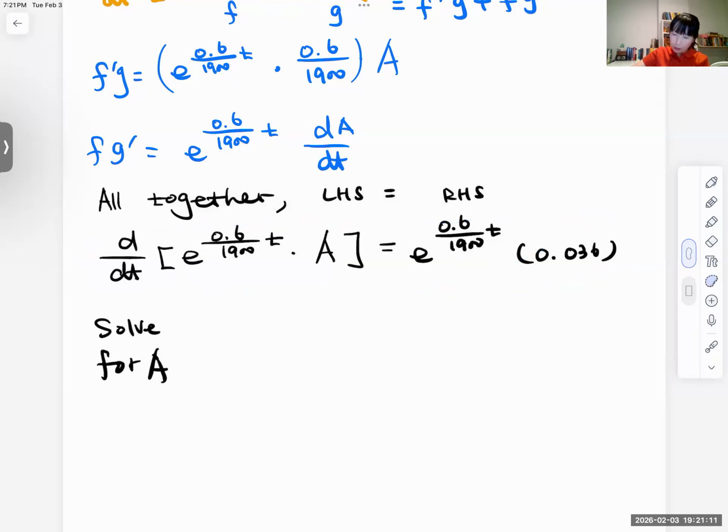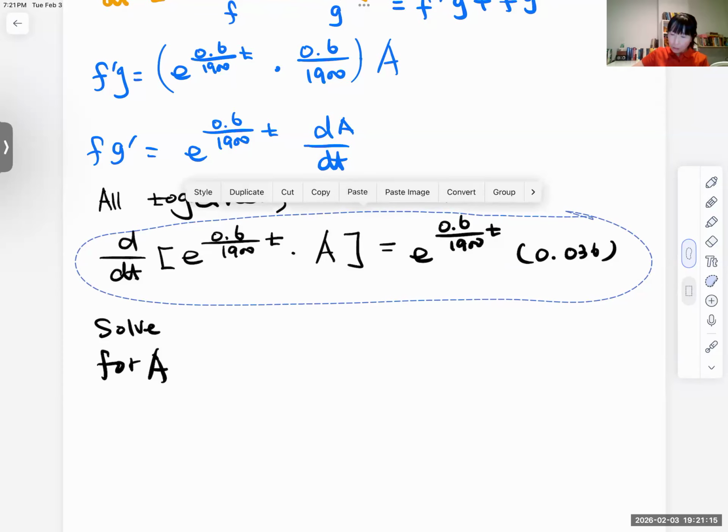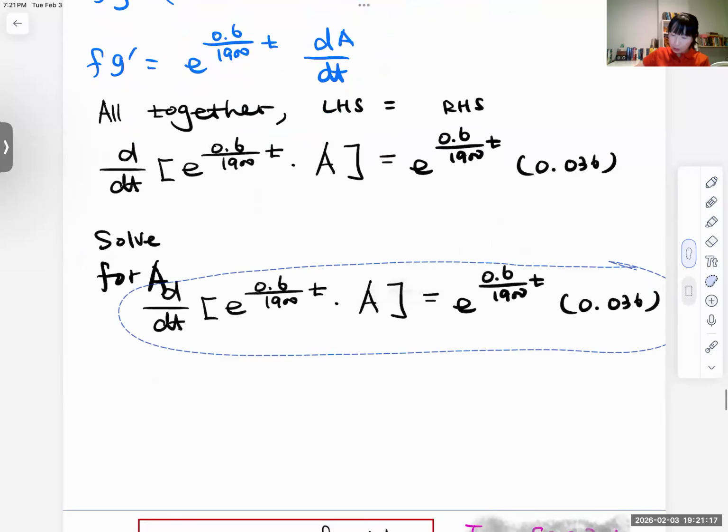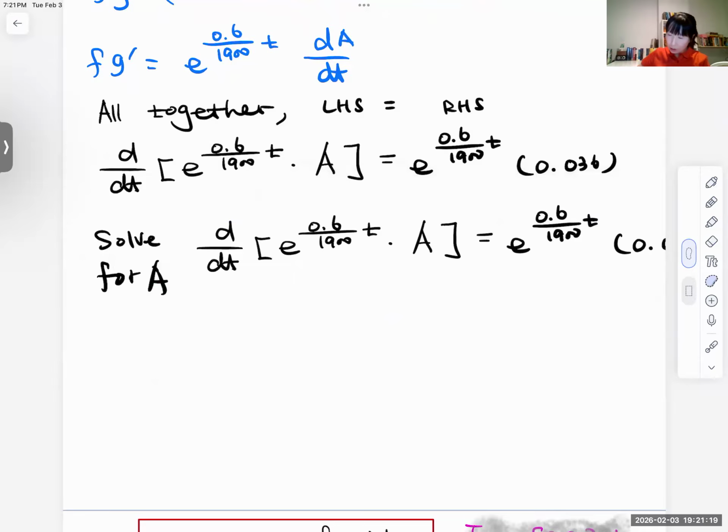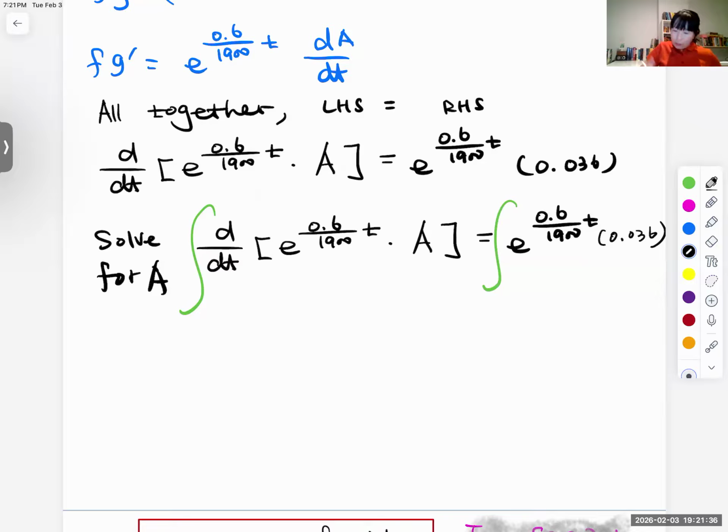Oh, sorry. Copy. The 0.036. Okay, now integral. Okay, then we get whatever inside, right?